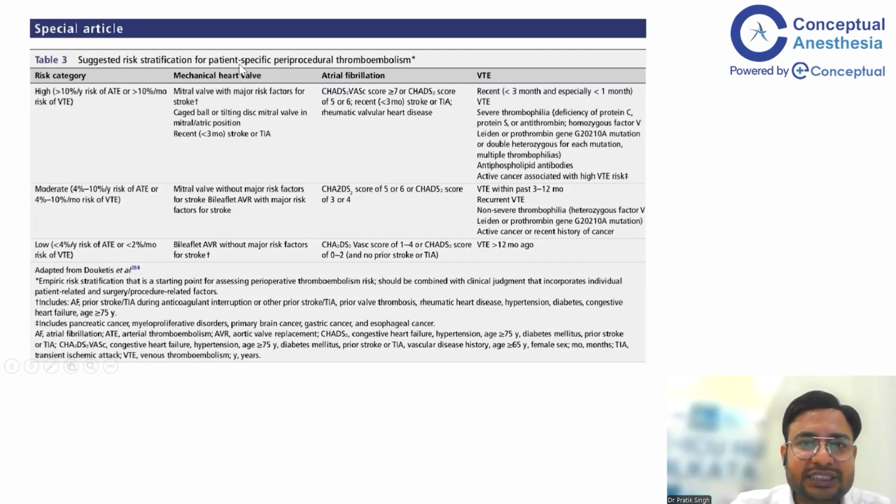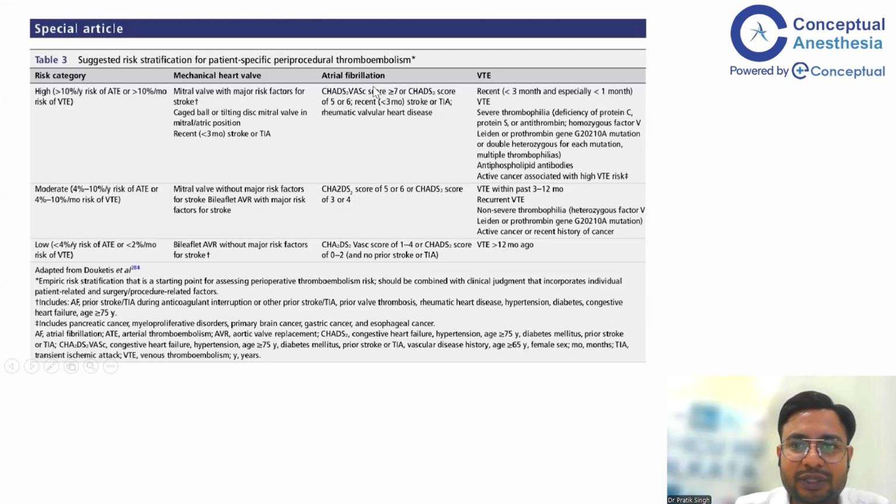Risk stratification and patient-specific peri-procedural thromboembolism: if the patient is undergoing any kind of procedure, what is the risk? The risk is high, more than 10%, if the patient has a mechanical heart valve, already has atrial fibrillation, or had any venous thromboembolism in the last 3 months.